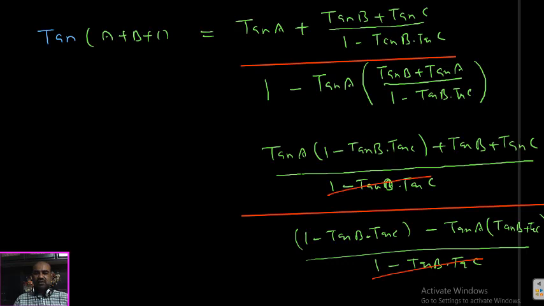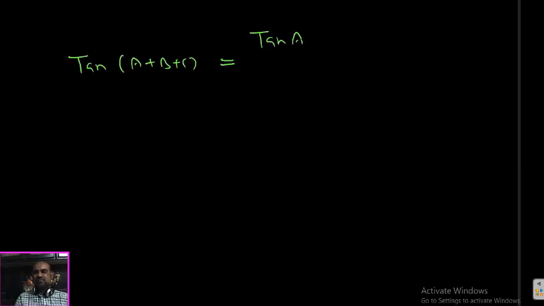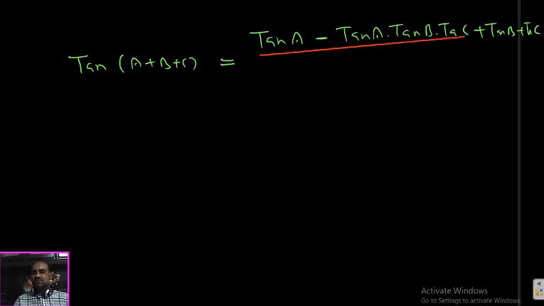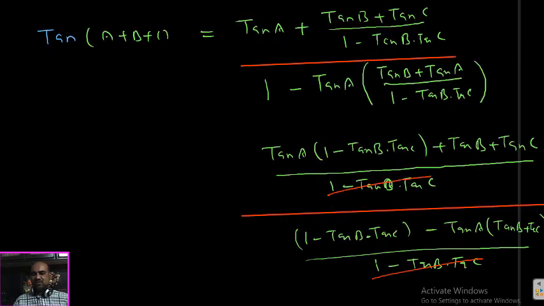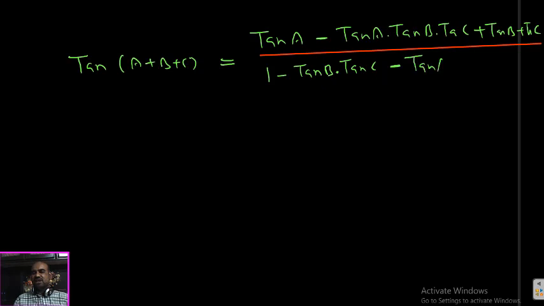Tan of A plus B plus C equals, here tan A into 1, tan A minus tan A into tan B into tan C. Okay, observe, after that tan B plus tan C, divided by 1 minus tan B into tan C minus tan A into tan B, minus tan A into tan C.